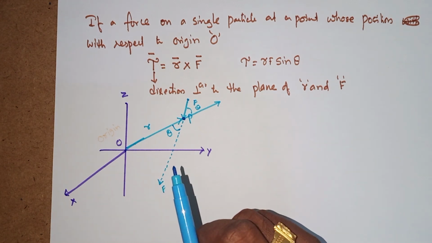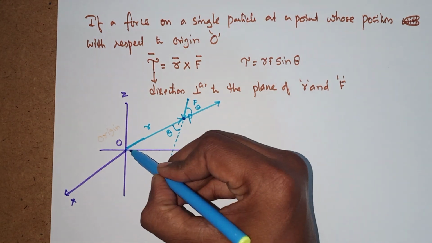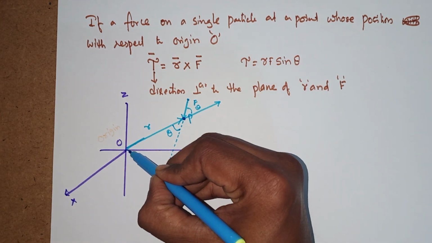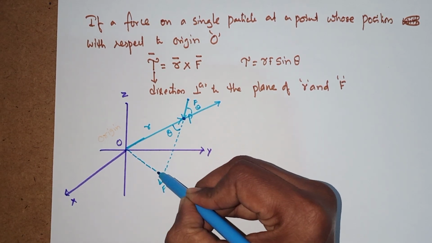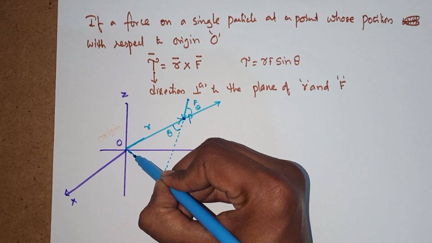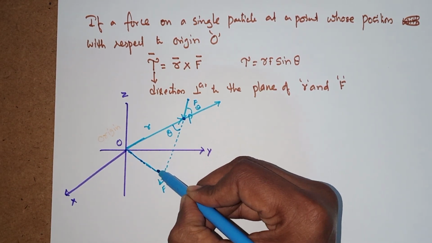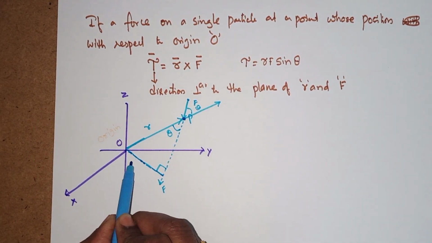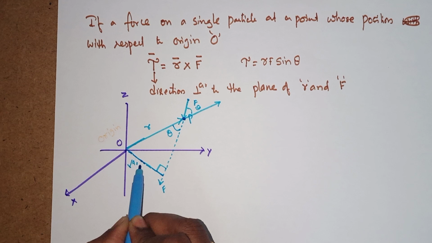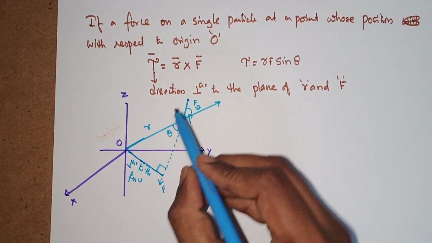Now what perpendicular vector can be drawn? This is exactly making 90 degrees with this. This is called the perpendicular to the force. But how to write it?